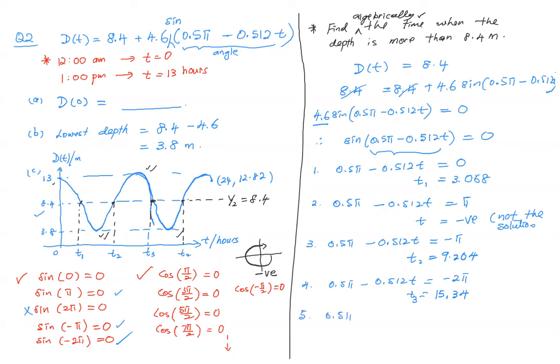So what should you do? Put for your t the value of the angle: negative pi, negative 2 pi, negative 3 pi. The pattern goes like that. So you get your t4, 21.476.